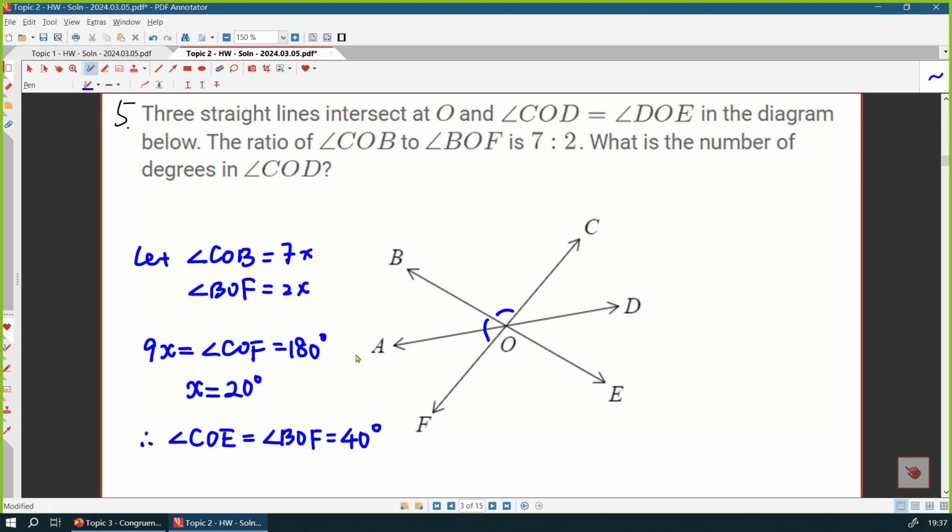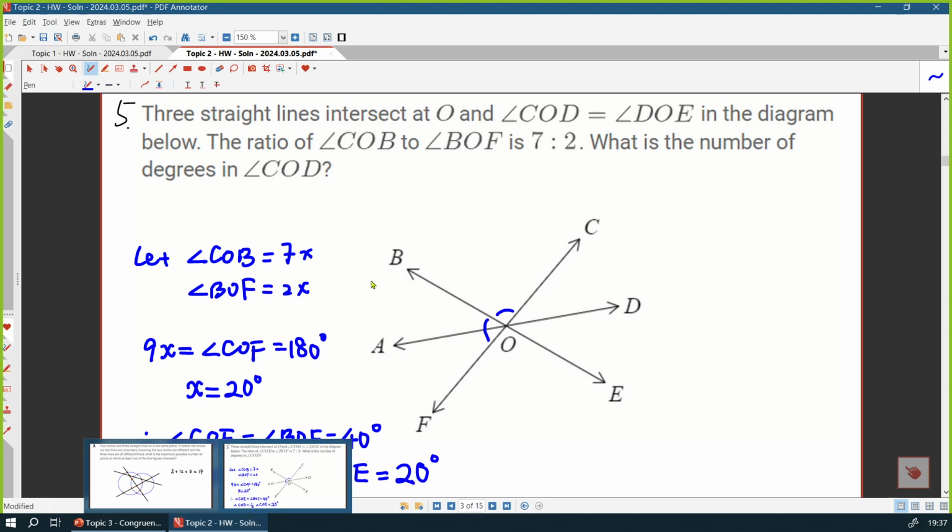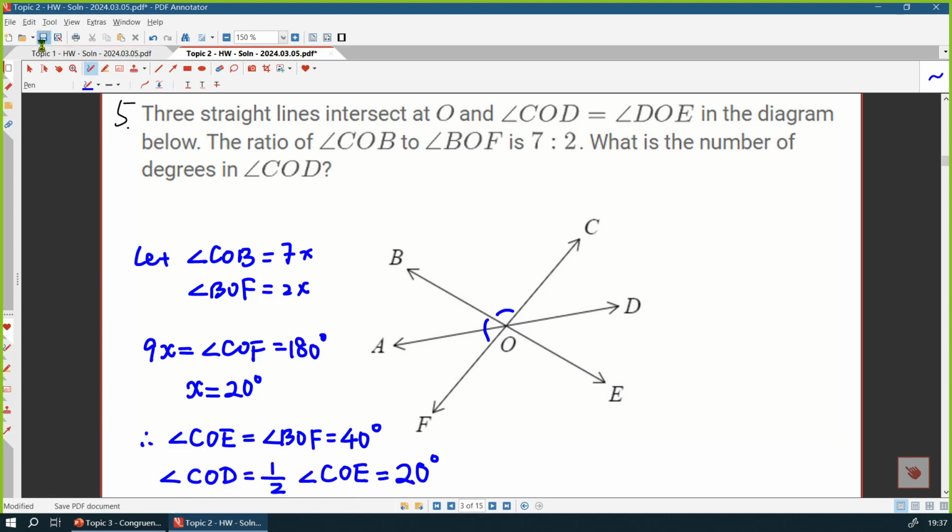And finally, since angle COD here equals angle DOE, we have angle COD equals 1/2 of angle COE, which is 20 degrees, right? Any questions?